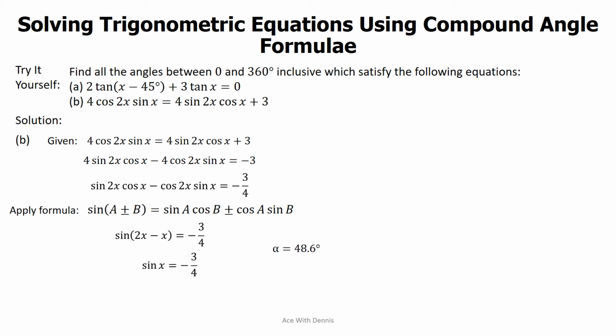And we can start to solve the equation. So the basic angle is 48.6 degrees. Sine is negative. Therefore, it is in the third and the fourth quadrant. So x will equal 180 degrees plus 48.6 degrees, and 360 degrees minus 48.6 degrees. And the answer is 228.6 degrees and 311.4 degrees.